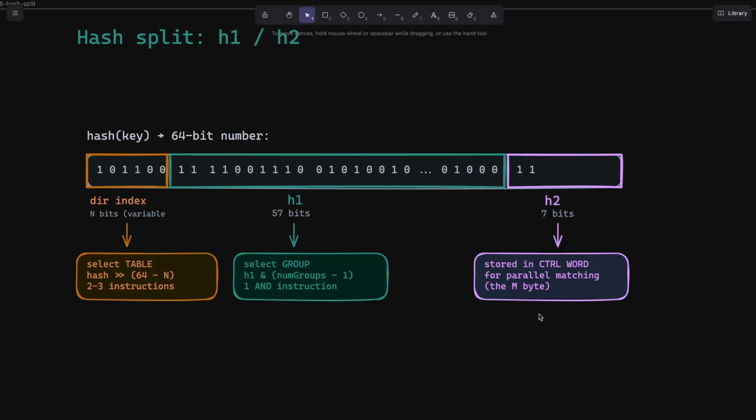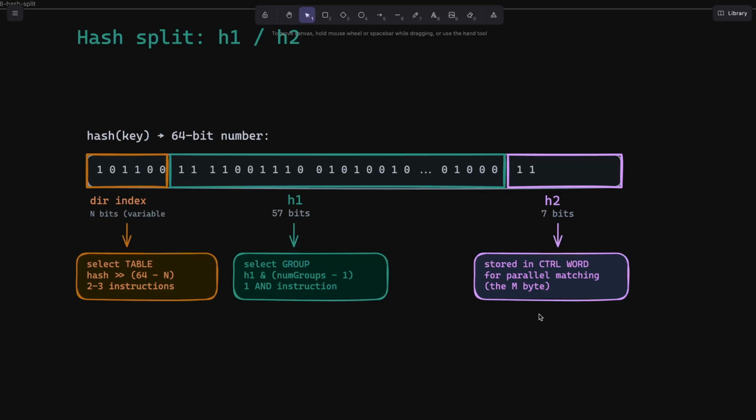H1 has to be large because it's choosing among potentially thousands of groups, and more bits means better spread. H2 only needs 7 bits because it's just a quick filter inside one group of 8, and every extraction is just a shift or a mask, a couple of CPU instructions, no division anywhere.